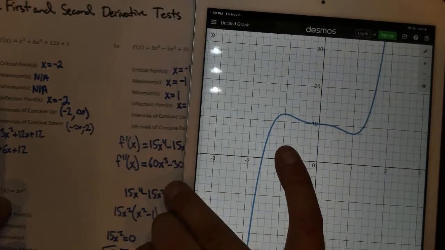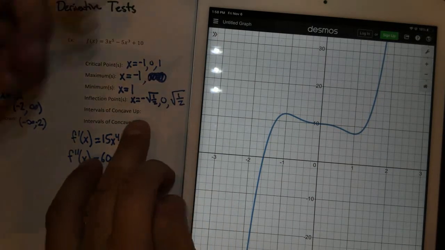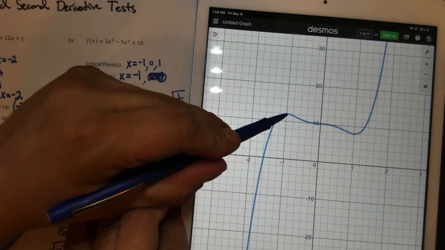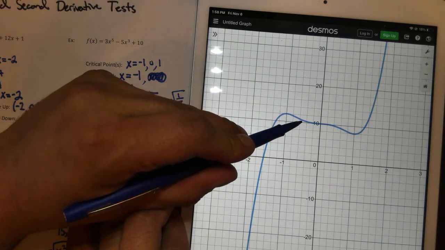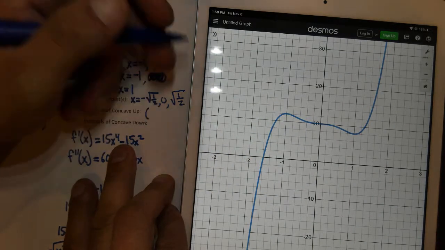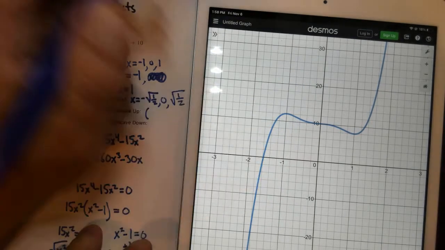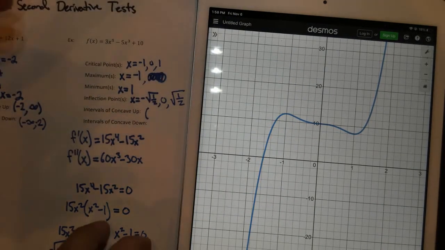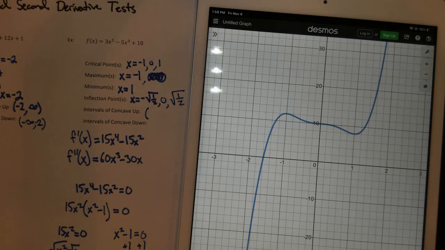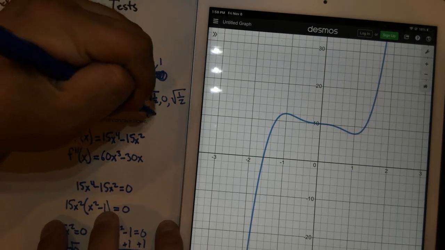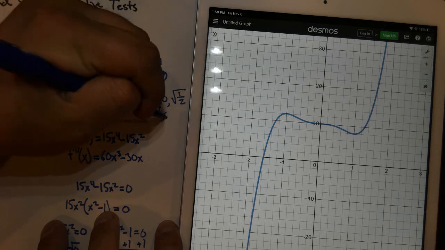So if we're talking about intervals of concave up, I'm sorry. It's concave up from negative square root of 1/2 to 0, because our concavity changes happen at our inflection points.